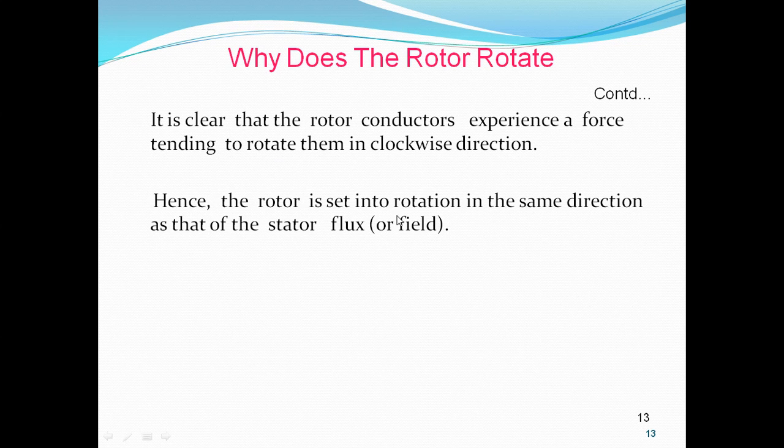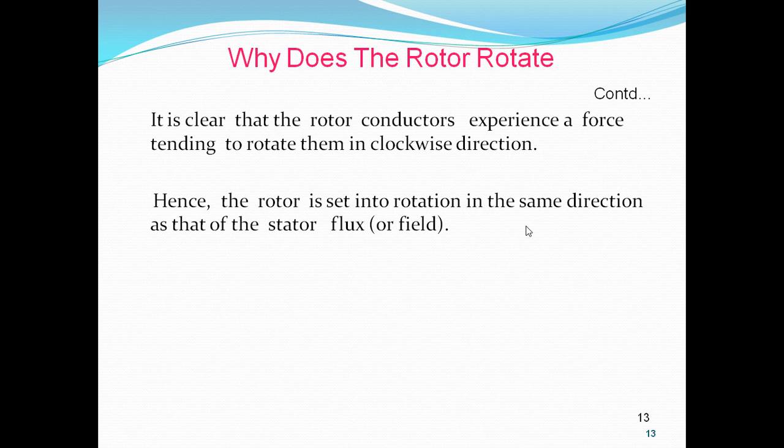Hence, the rotor is set into rotation in the same direction as that of the stator. How is the stator rotating? The stator is rotating clockwise, so the rotor also starts rotating in the same direction.